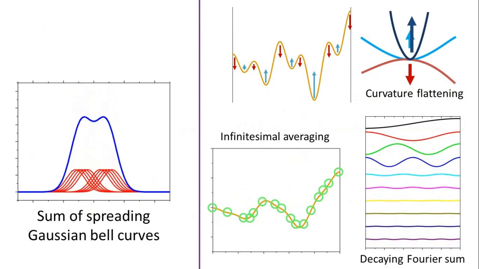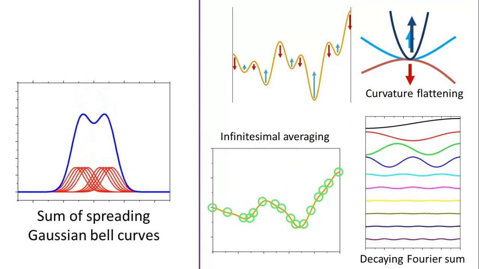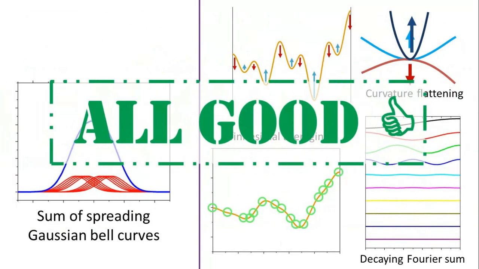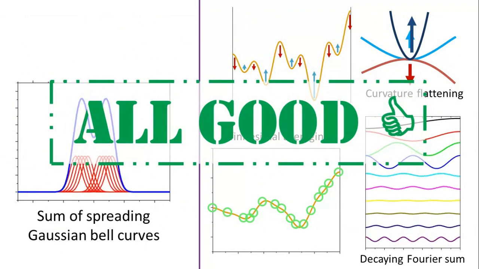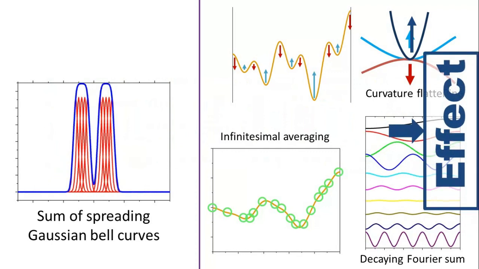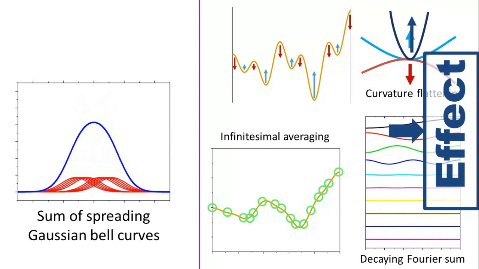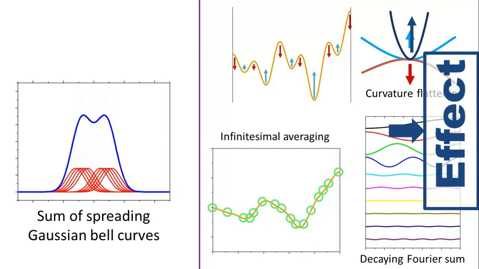All of these descriptions are correct. They all give the same answer, and none of them are objectively better explanations than any of the others. These mathematical descriptions are more proximate to the effect of the physical phenomenon, and allow you to quickly intuit or predict the end result of any given situation.